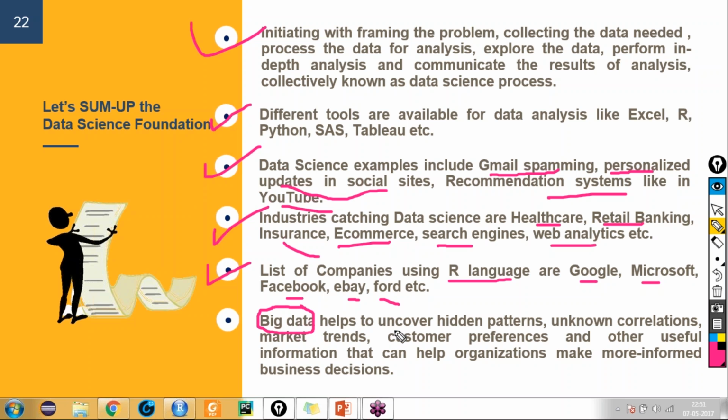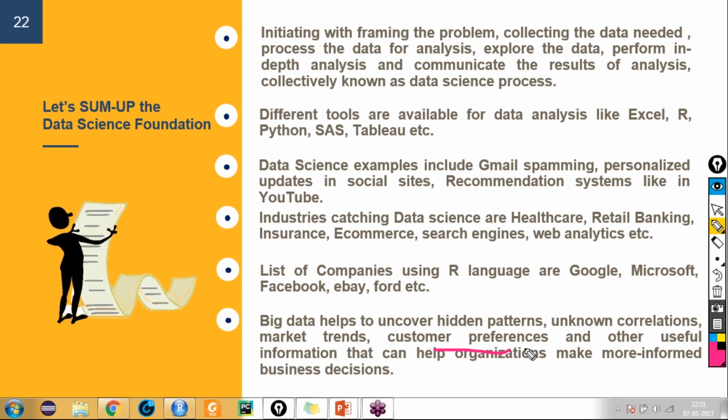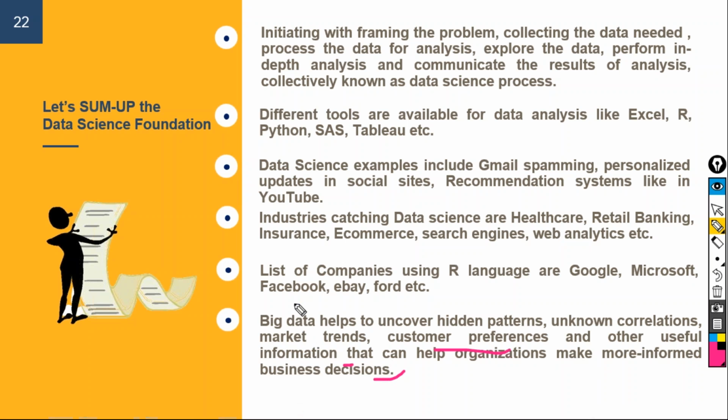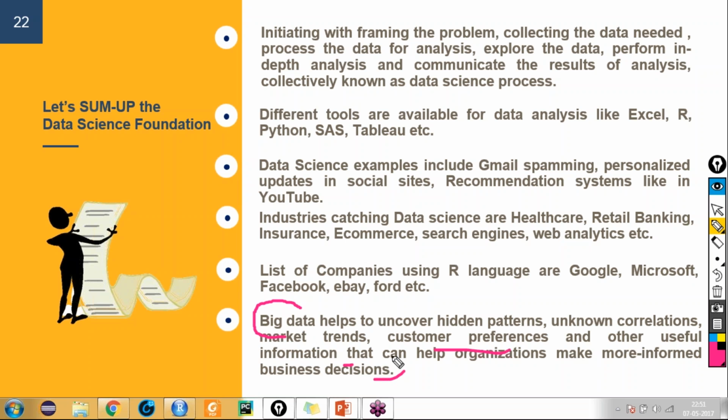This helps us uncover hidden patterns, unknown correlations, market trends, customer preferences, and other useful information that can help organizations make more informed decisions, right? So this is again something that belongs to the future. Very, very helpful, correct?